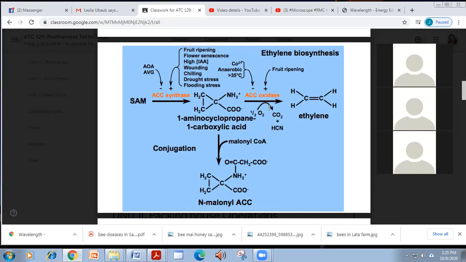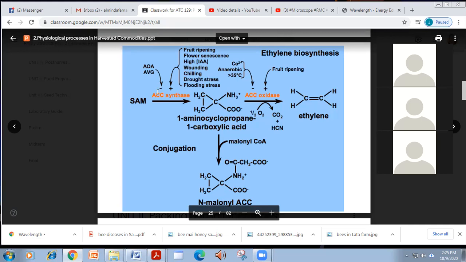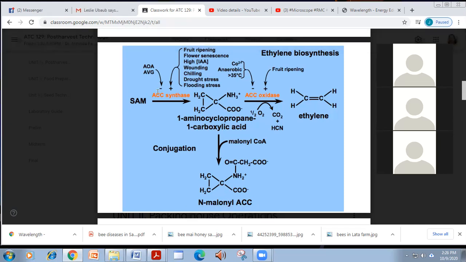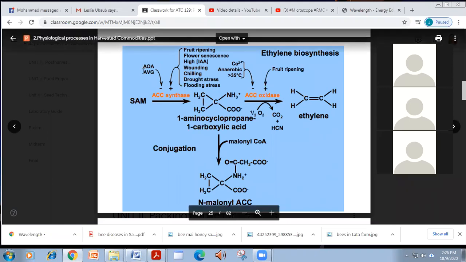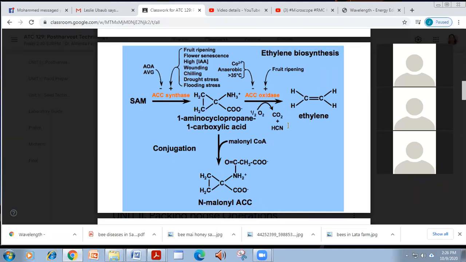But these negative marks are prevention, to inhibit the enzymes synthase and oxidase. So AOA, or aminooxyacetic acid, something like that, and AVG, we will spell that out.